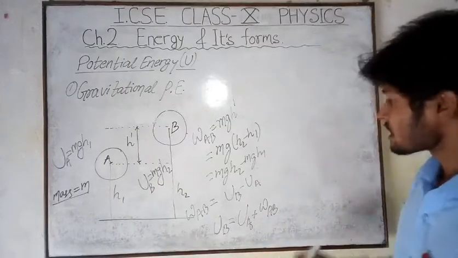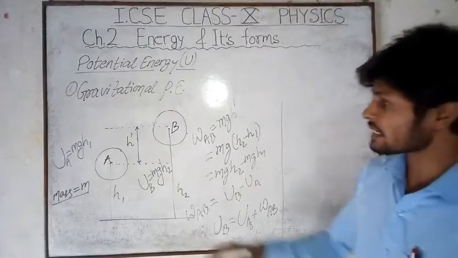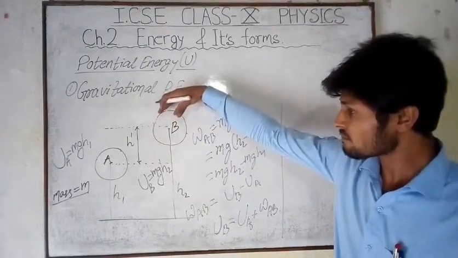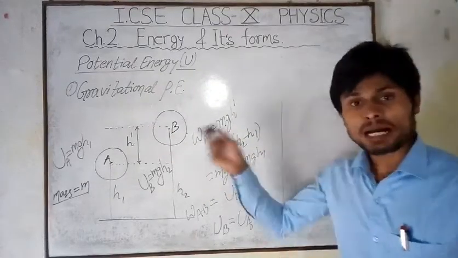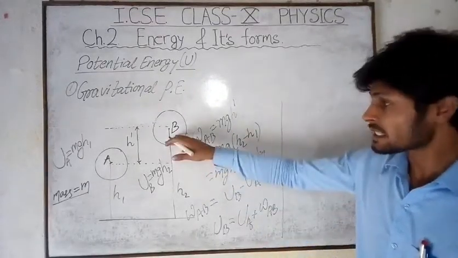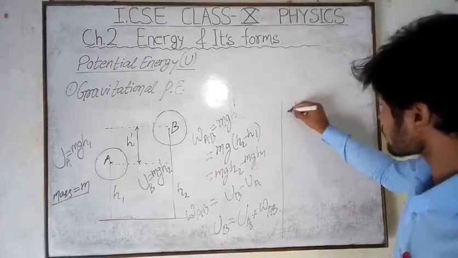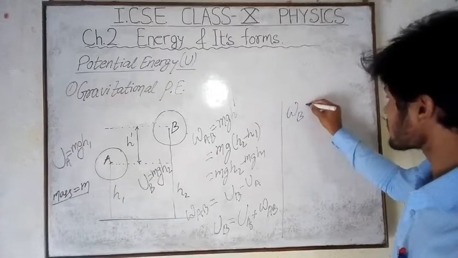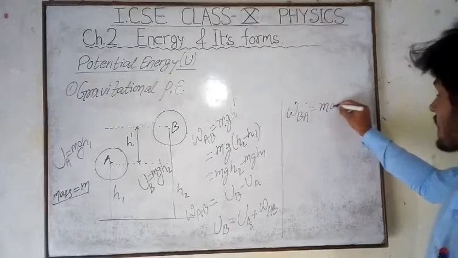Now suppose the opposite condition: the object falls down from B to A. Then there is some work done by the object. That means the object itself did the work. When the object falls down from B to A, the work done is, again, mg.